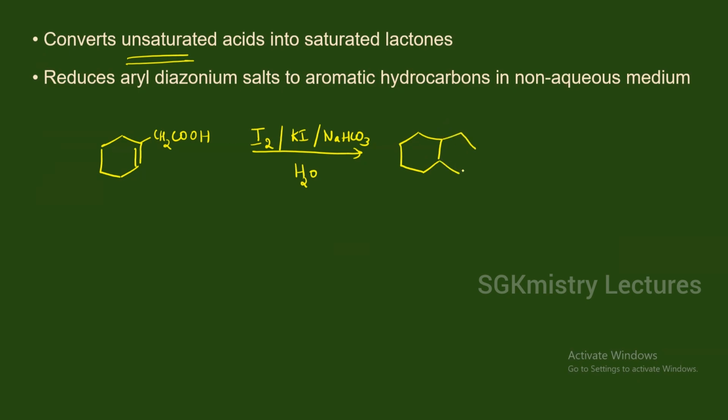Since you have added iodine, you get iodine here, and there will be hydrogen present. Now, in the presence of this particular reagent, the I is replaced by H. So here double bond O, and here H and here also H. Right. So this is how unsaturated acids can be converted into saturated lactones.